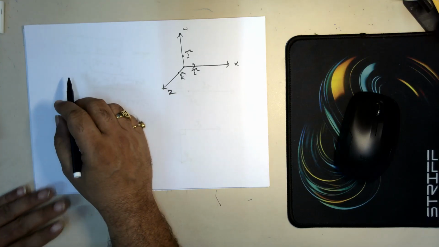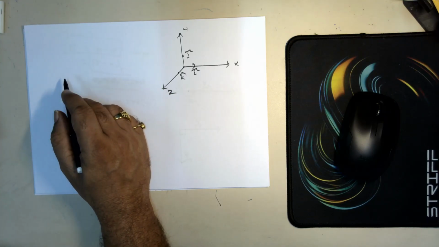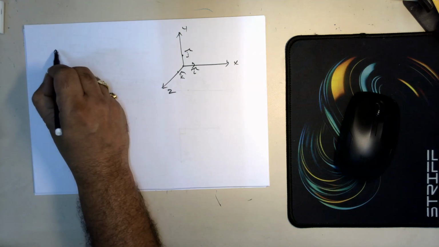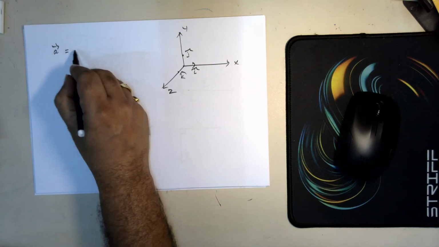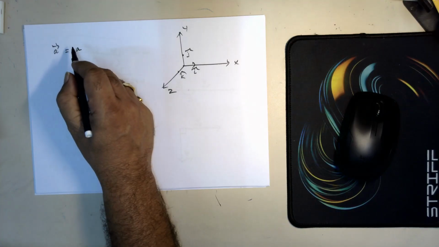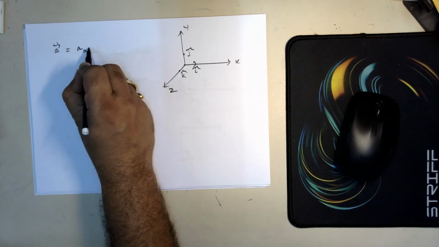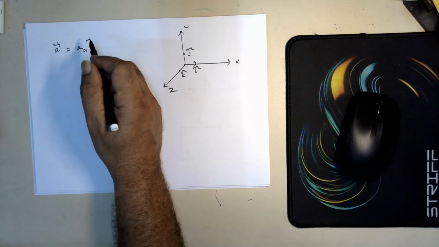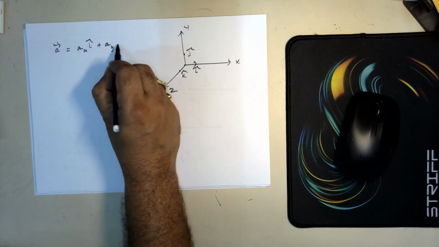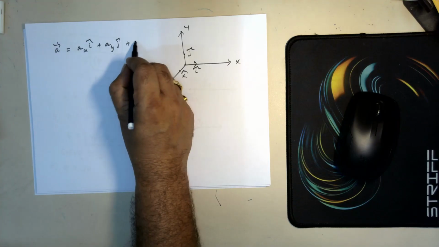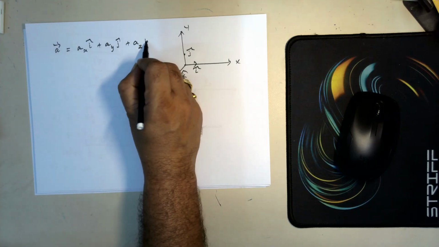Now, for example, let me consider vector A. It can be considered as a set of components, and we can put A x along i, that is the x-axis, and then A y j cap, and then A z k cap.